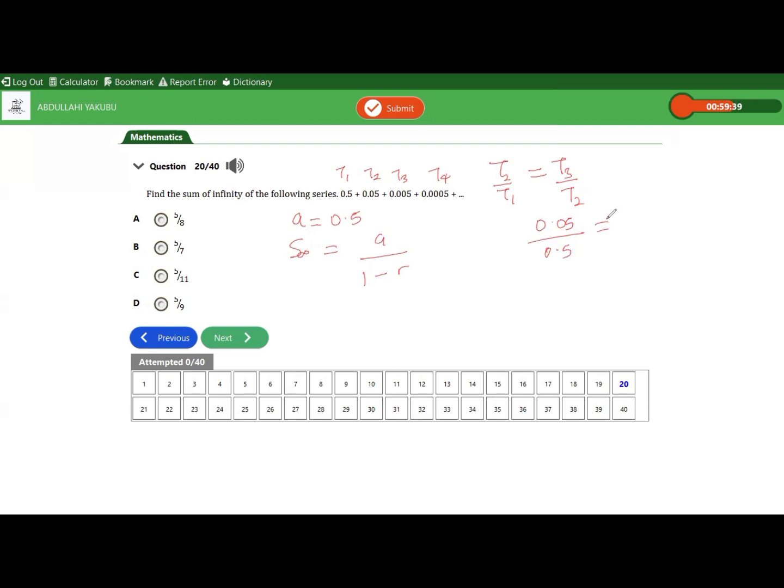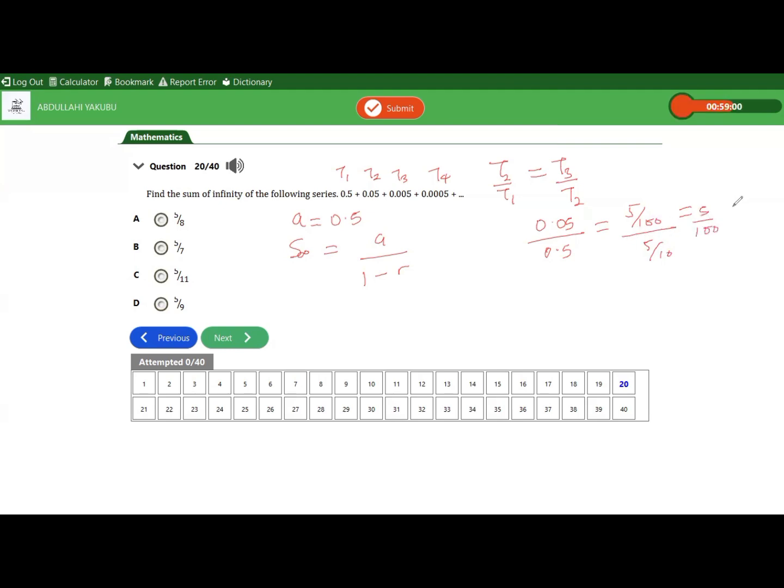So when you do this, this is the same thing as saying 5 over 100 divided by 5 over 10. So that will be division of fraction by fraction, 5 over 100.